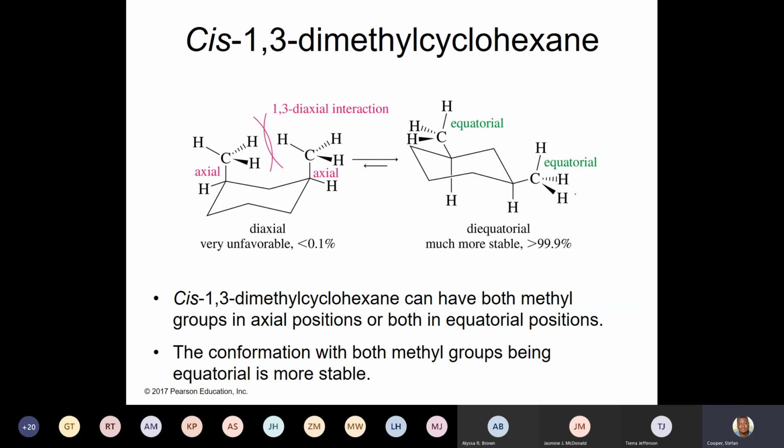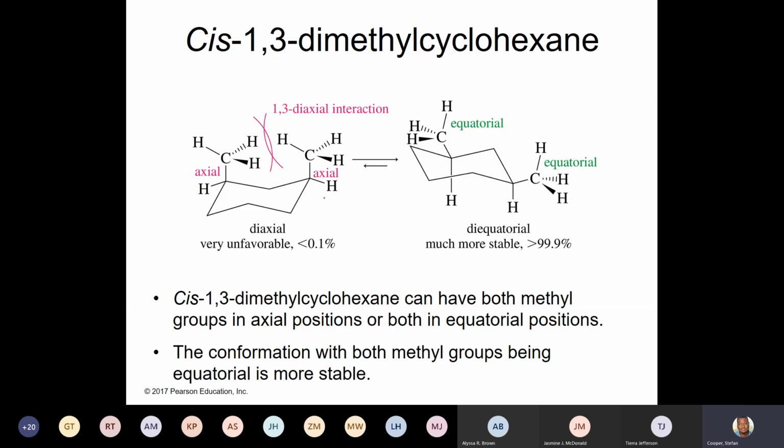Instead, I ring flip and both of my axial positions become what now? Equatorial, right? And now this ring is highly preferred.